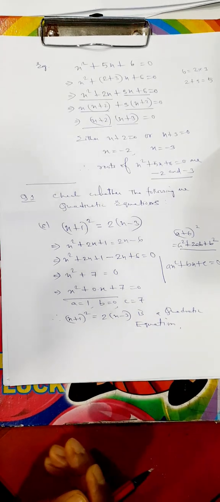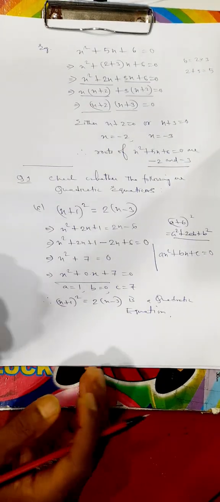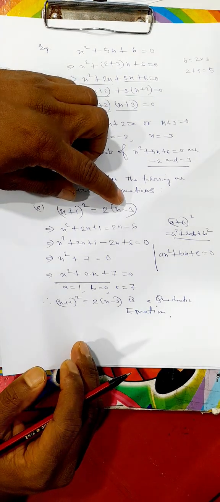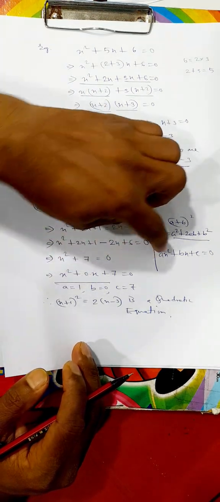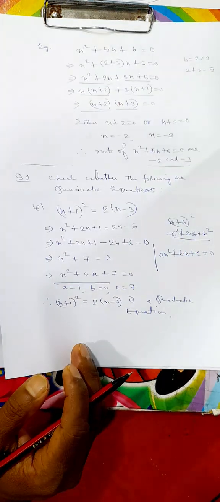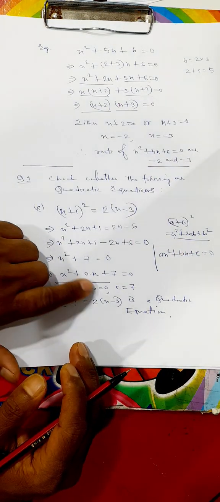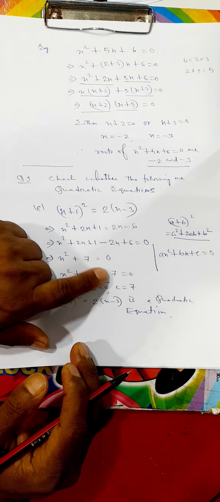Right? We can convert this into standard form, ax square plus bx plus c equal to 0. We find that a means here 1, b means here 0, and c means here 7.